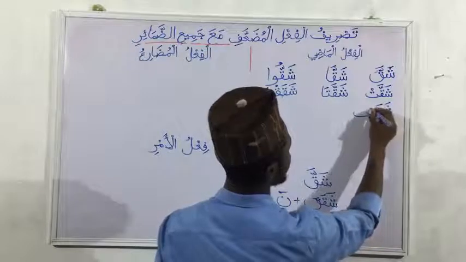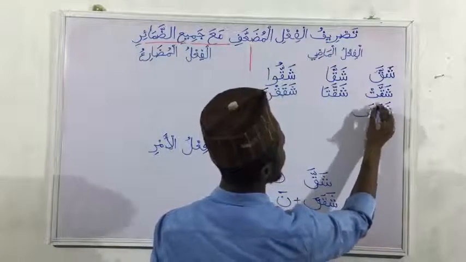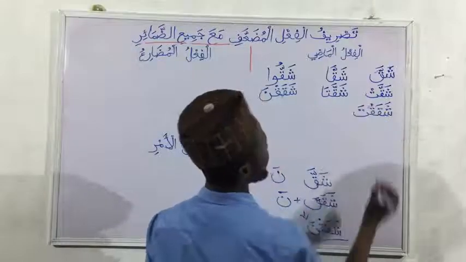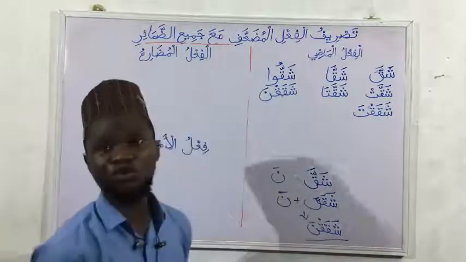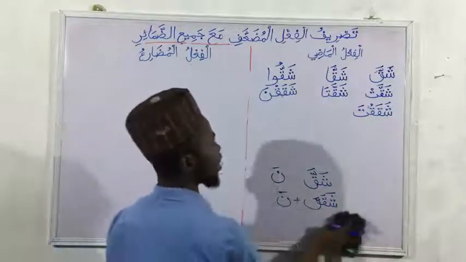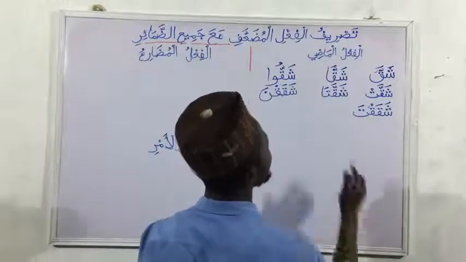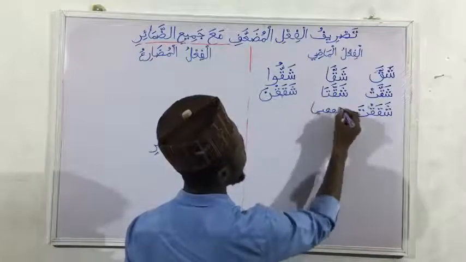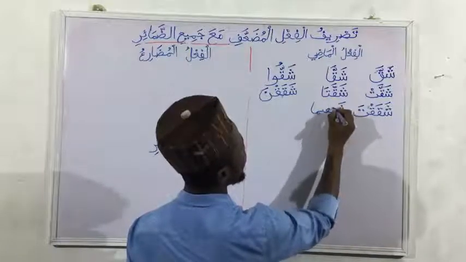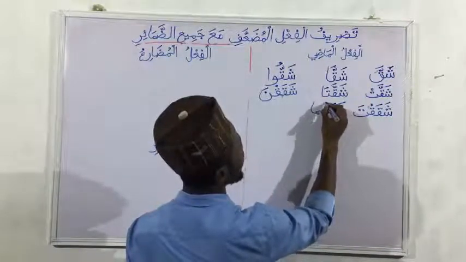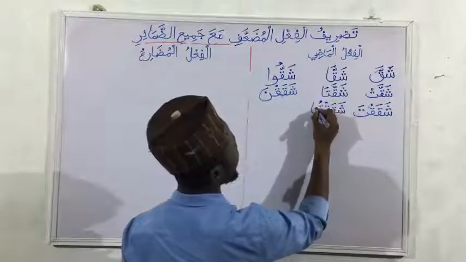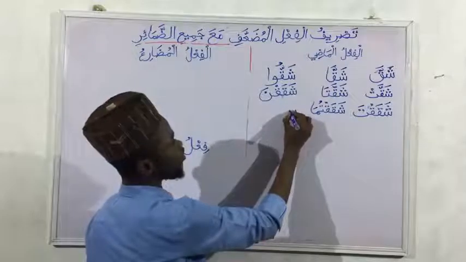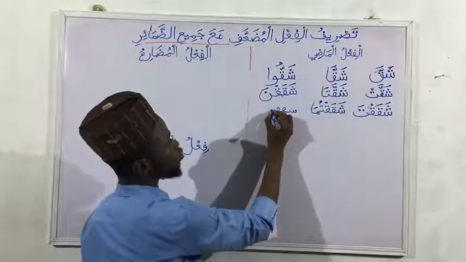For the second person, shaqaqta. Then the middle is going to have tuma. So we have shaqaqtuma. And lastly for the plural we have shaqaqtum.